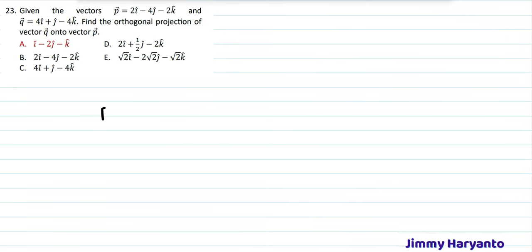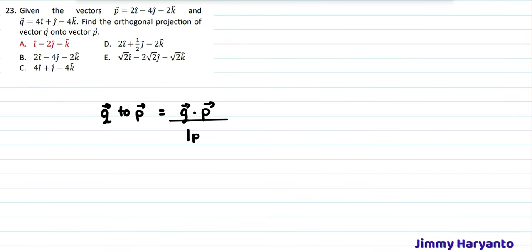Next is 23, orthogonal projection. Orthogonal projection is, this is Q to P, yeah. So Q to P. I suggest you to write this one first, so it will not be clumsy later. The formula is Q times P over the magnitude of P square times it with the vector of P, like this.